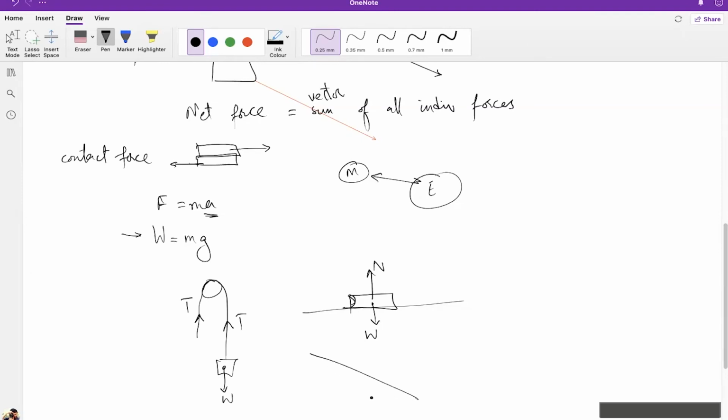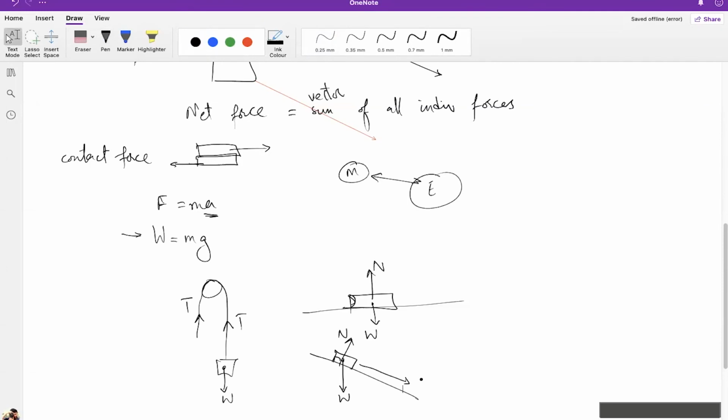But what if I have a surface like this? In this case, my weight is still downwards, but normal reaction is always perpendicular to the surface. So normal reaction is like this. So it might be difficult for normal reaction to cancel out the effect of weight completely. If that is the case, then this thing will start to move down because the weight is pulling it down more than normal reaction can cancel out.